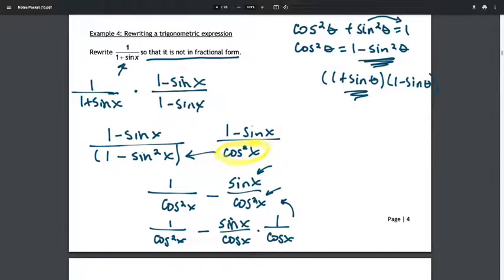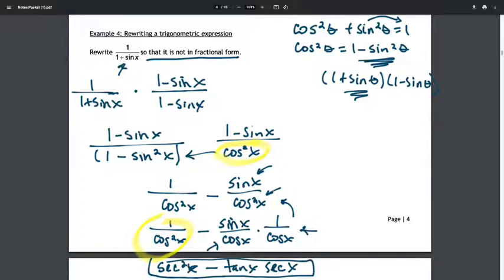Then when you simplify, I know this right here is the same thing as secant squared x. This right here is the same thing as tangent x. And this right here is the same thing as secant x. So now I've rewritten this where it's not in fractional form.